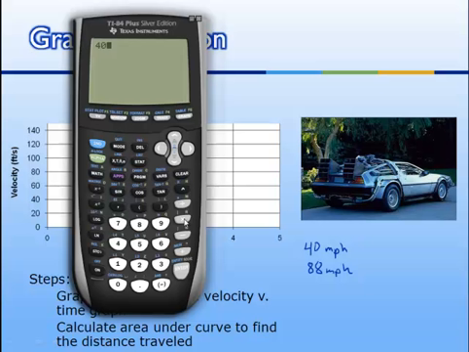Let's multiply by 5,280 feet per mile, and then divide by 3,600 seconds, which is how many there are in an hour. And if we repeat this calculation with 88 instead of 40, we get roughly 60 and 1/30.